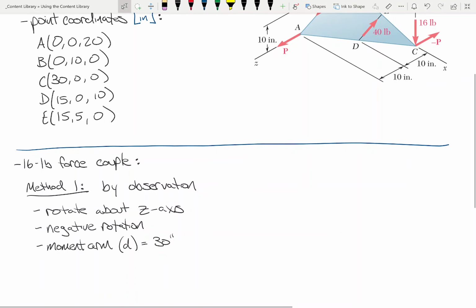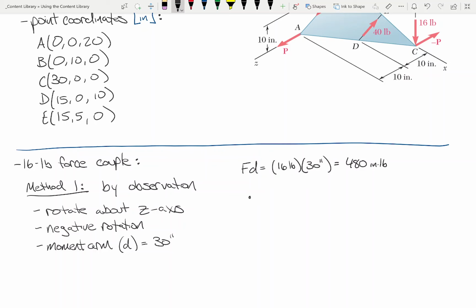If you want a definition for this vector, FD is 16 pounds, 30 inches. 16 times 3 is 48, so times 30 is 480 inch-pounds. So I propose that M16 is negative 480 k.